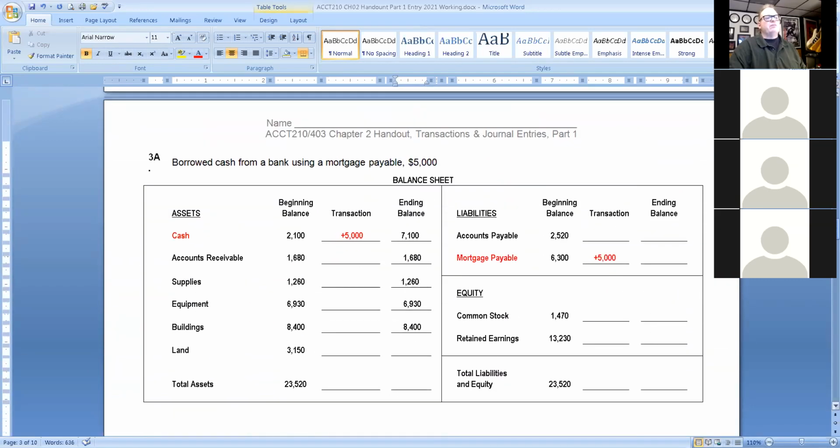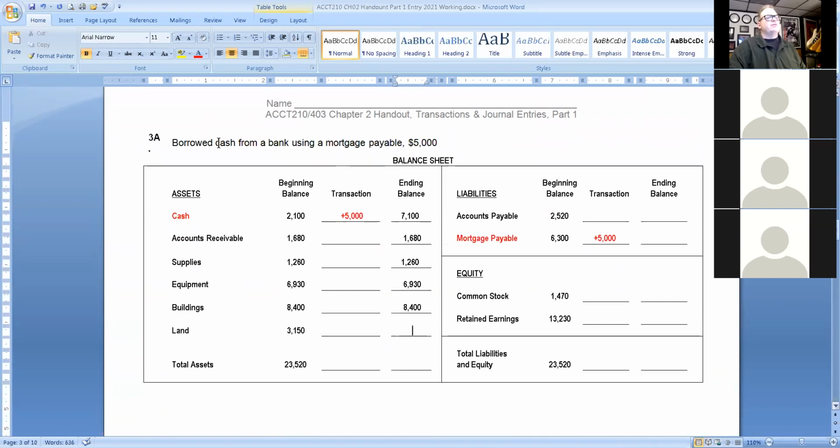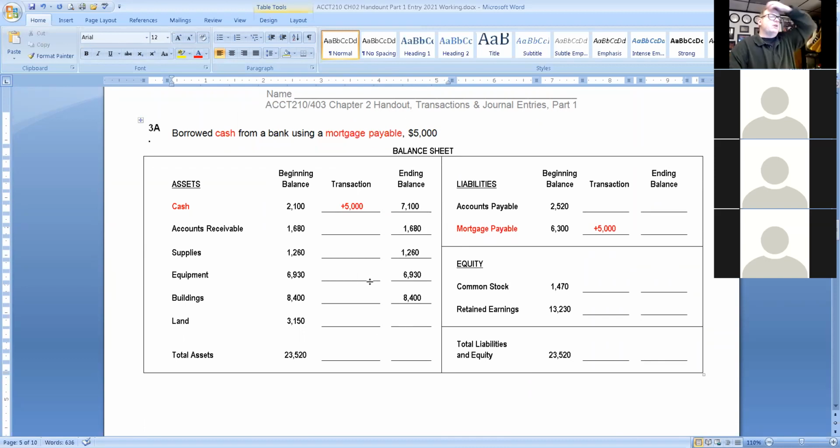But if you just borrow cash from the bank, you got cash back for it. Whatever you got for your mortgage payable. When you borrow money, the liabilities are going to go up. And whatever else goes over here on the asset side is just whatever you got back for it.